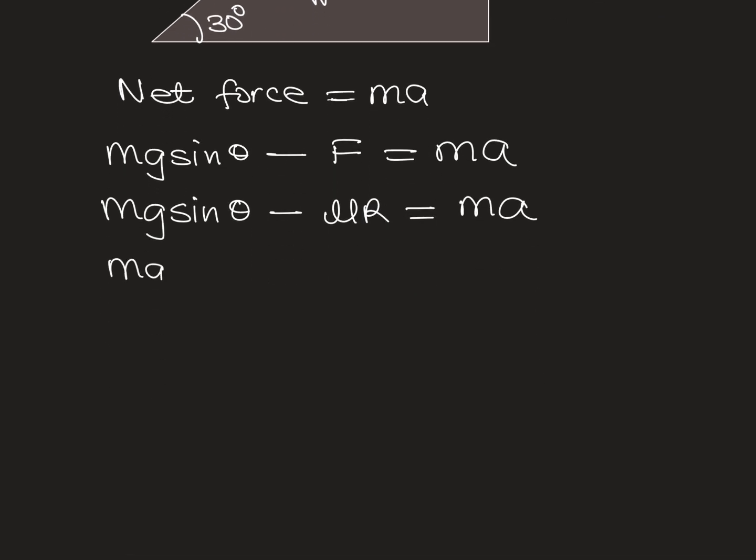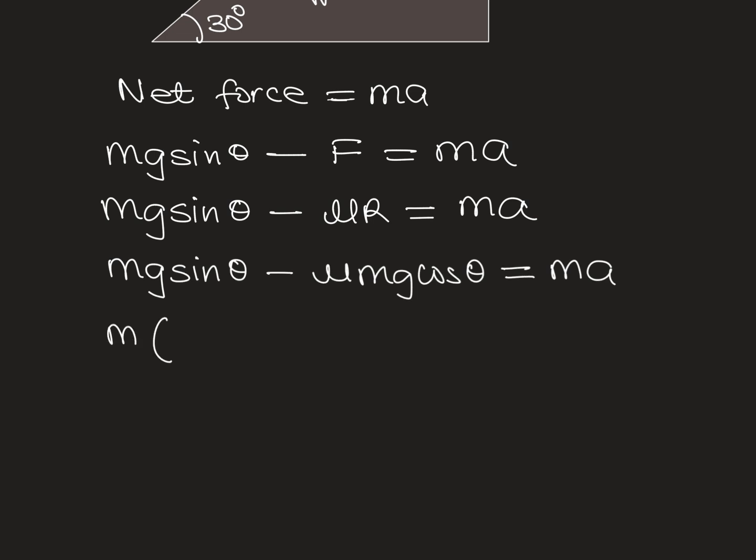So that will be mg sine theta minus mu, and what is R? R is mg cos theta. This is equal to ma. If I want, I can factorize m out. So that will be m into g sine theta minus mu g cos theta, equal to ma.